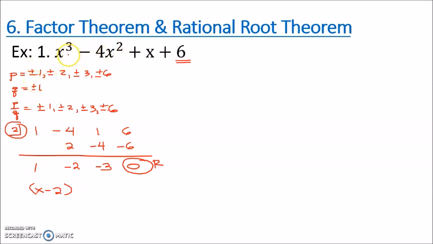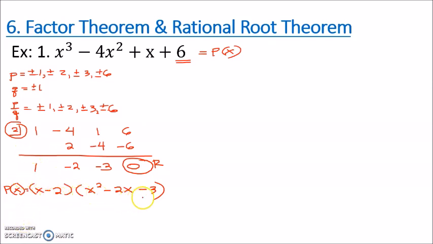So, if we let this as our p of x, then p of x, yung factor niya, unang-una, x minus 2. And the remaining factor would be the quotient. So, since x cubed yan, itong quotient natin would be x squared minus 2x minus 3. Okay? And so, ito yung first factor.